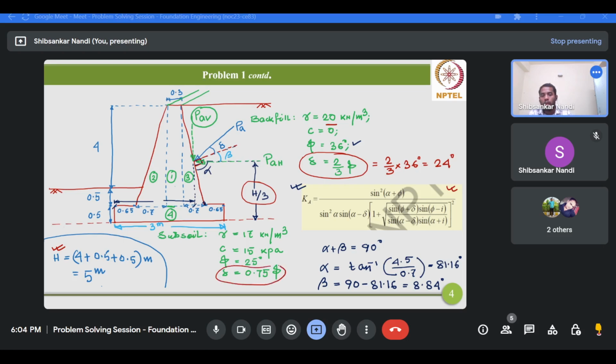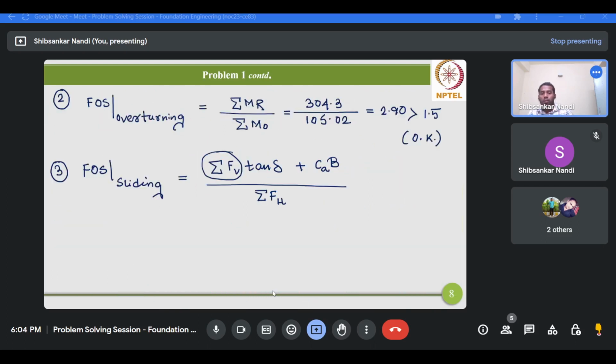When we determined the active earth pressure coefficient, we considered the delta value of the backfill material. However, when we check for the factor of safety against sliding, we should use the delta value of the subsoil. Now what is the delta value of the subsoil? It is 0.75 times 25, that means 18.75 degrees. Okay.